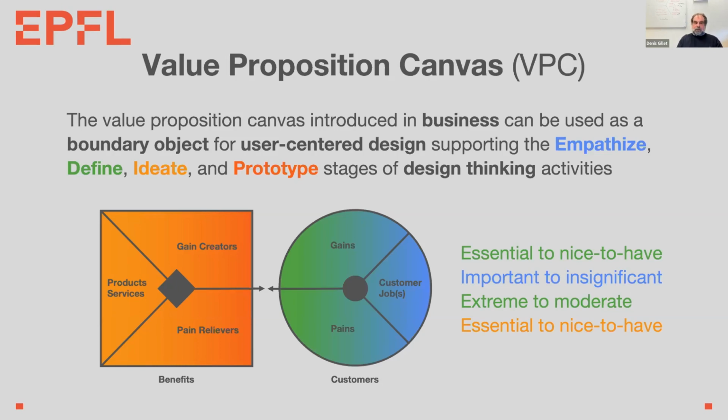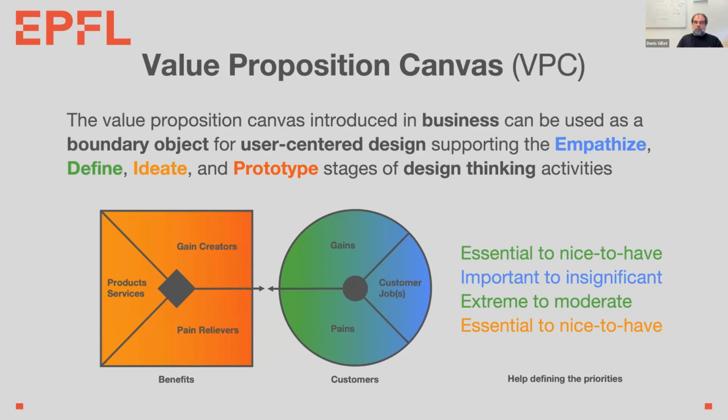This classification of the different components is very nice to help defining the priorities. If you have limited resources to develop a solution, you maybe tackle only the essential and important dimensions, and you neglect the nice to have things. So this means that when you design, you have always to make choices and trade-offs between what is expected and what you can achieve. And it's also important to show that graphically in the process.